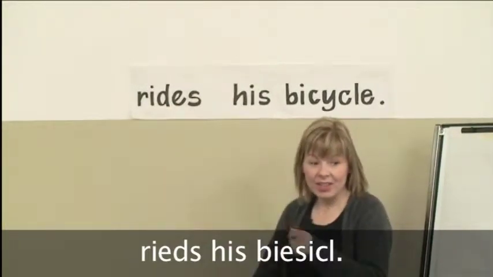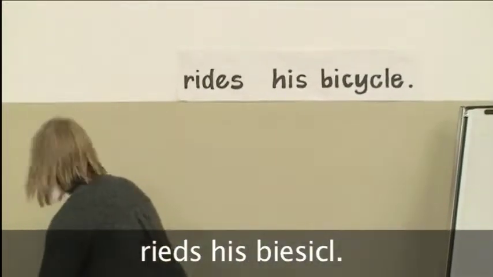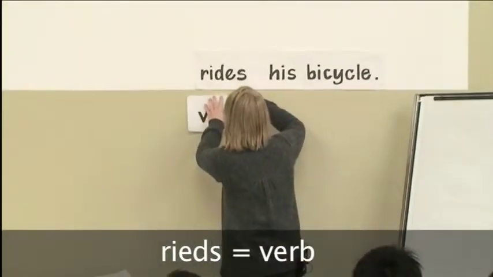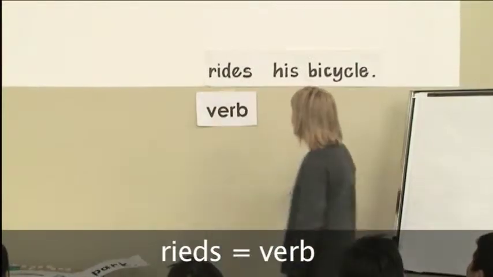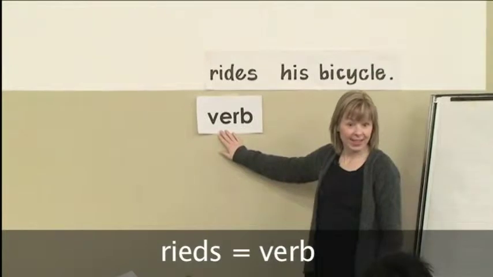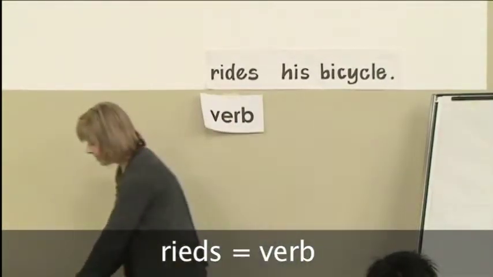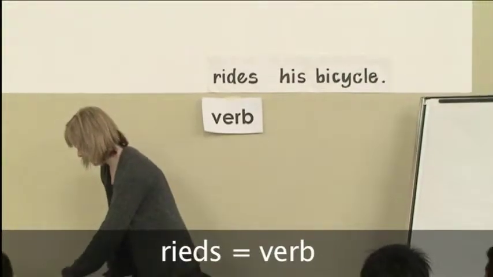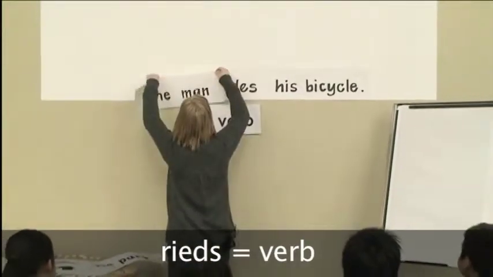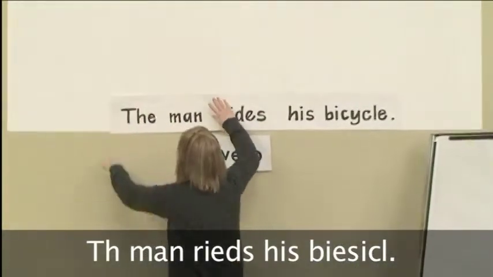Rides is the action word. Rides is the verb. The man rides his bicycle. And every sentence has a verb, right? Now, if we put the man back, it is a complete sentence.